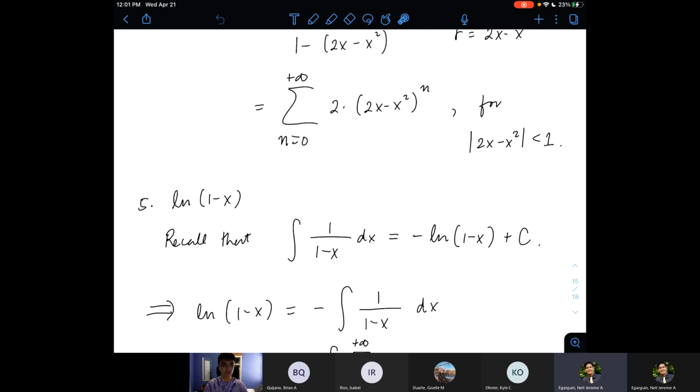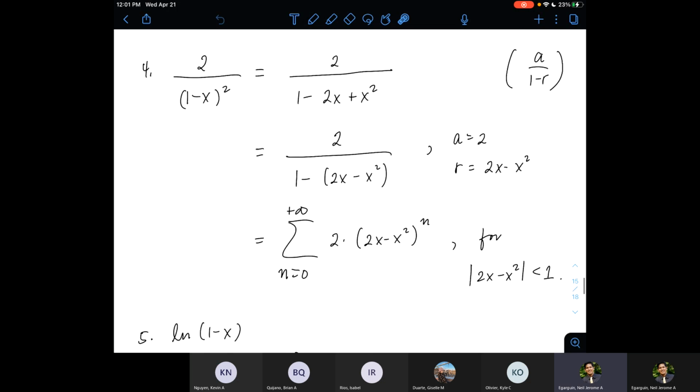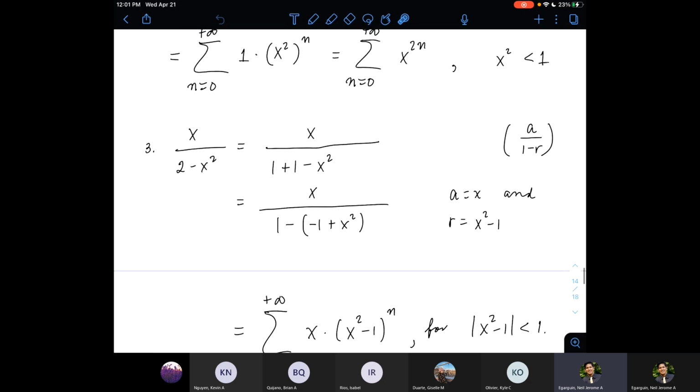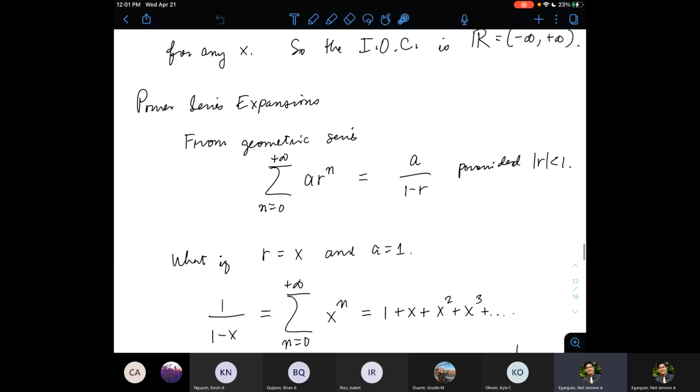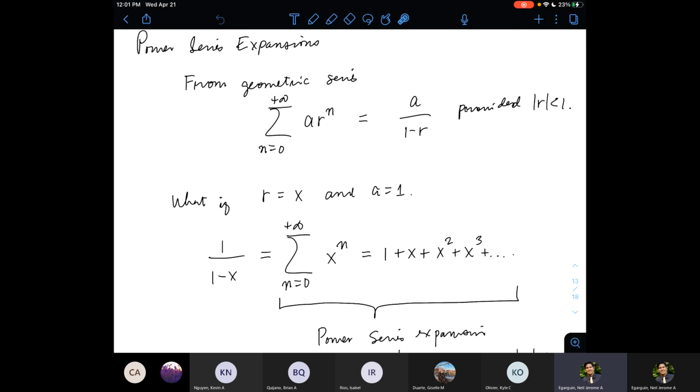So I think last time we started talking about power series and how to build up the series expansion for some basic functions. We started with the basic power series expansion using geometric series, noting that the sum of a times r to the power n equals a over 1 minus r, provided the magnitude of the common ratio r is less than 1.